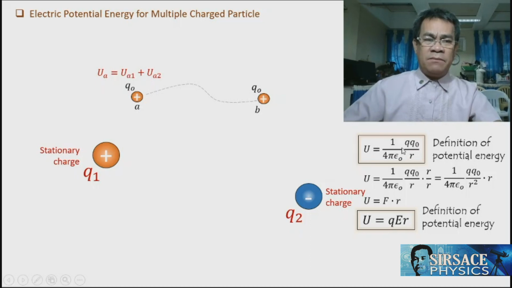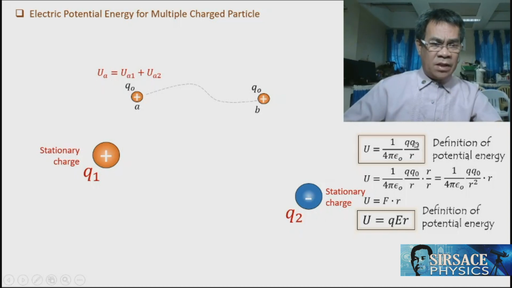Now take note that energy can be positive or negative. When, or what is the possibility of having negative energy? The answer is, if one of the charges in the formula is negative, then the algebraic sign must be negative. So therefore, the energy must be negative.